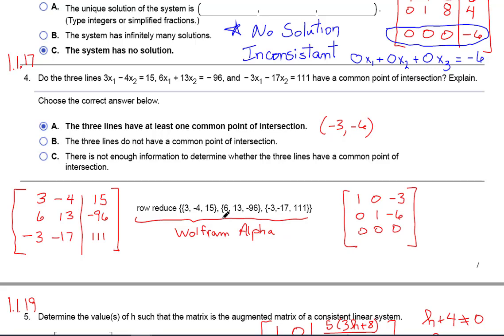Each of your rows is separated by commas, and inside there are set brackets for each row. When you type in row reduce, it's going to row reduce the process for you. And so what I see here is x1 is minus 3 and x2 is minus 6.